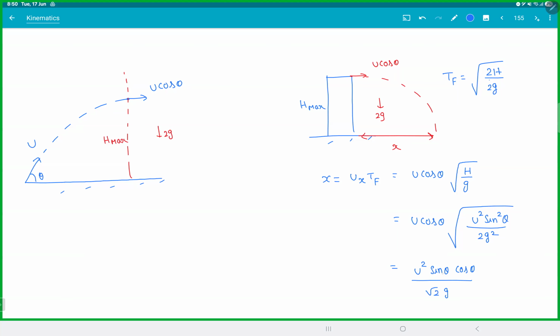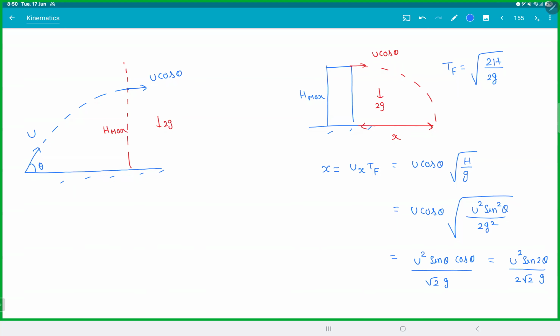Multiply and divide by 2. That will become 2 sine theta cos theta. It will become sine 2 theta. It will become u square sine 2 theta by 2 root 2g, which is nothing but r root 2. Is that clear, everyone?